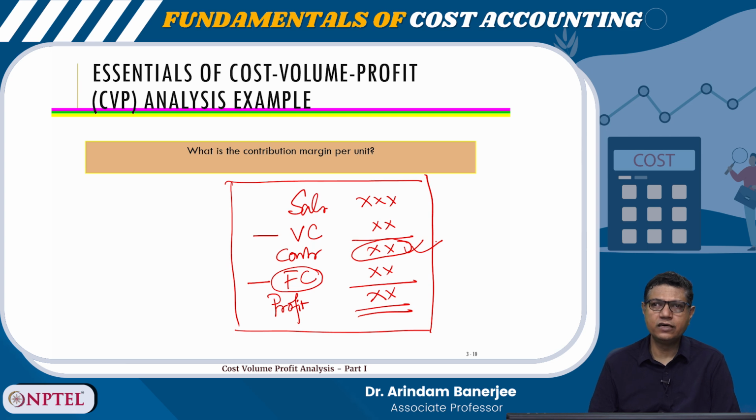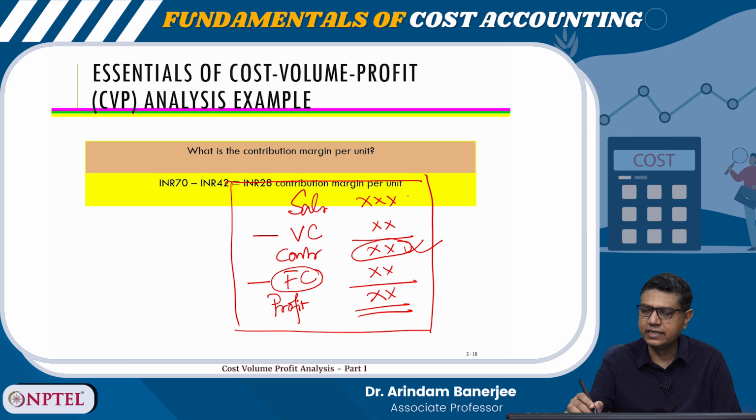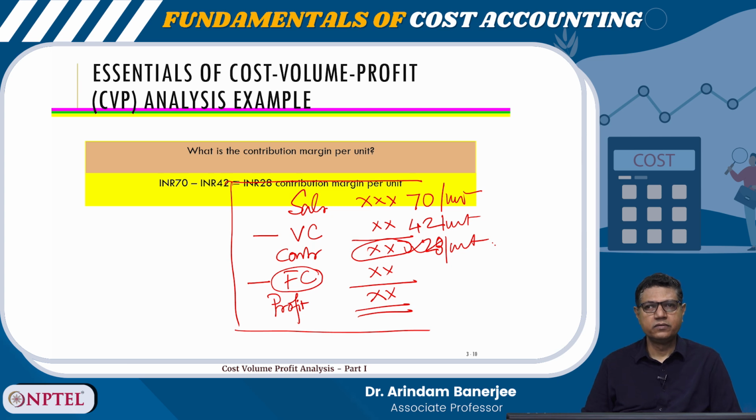So, what is the contribution margin? I can write like this: the contribution, here the sales is 70 and my variable cost is 42. So, contribution margin is 28 per unit. So, we are talking about per unit, right.